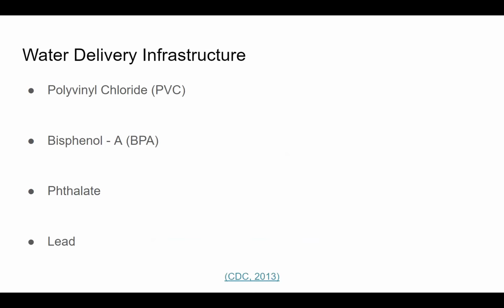So the water delivery infrastructure, these pipes could be made of polyvinyl chloride, PVC, and especially at high temperatures, or when the pipes are particularly new, when you still have microplastics in that substance and they haven't really been washed through yet. That's when you could be experiencing something like that. And BPA as well could be coming from any of those plastic materials upstream.